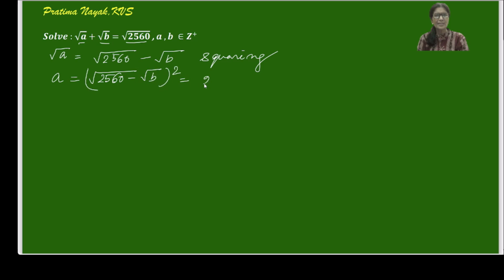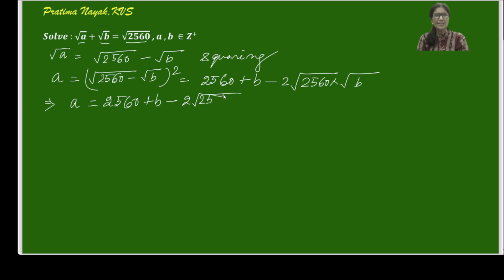So it will be 2560 plus b minus 2 times square root of 2560 multiplied by square root of b. Ultimately this simplifies to 2560 plus b minus 2 times square root of 2560b.